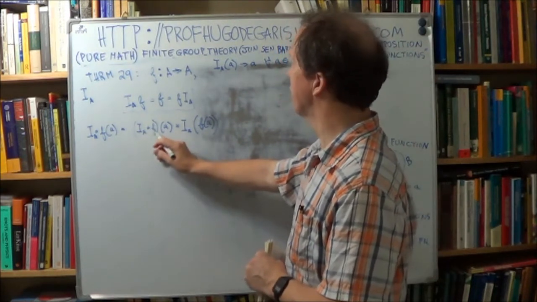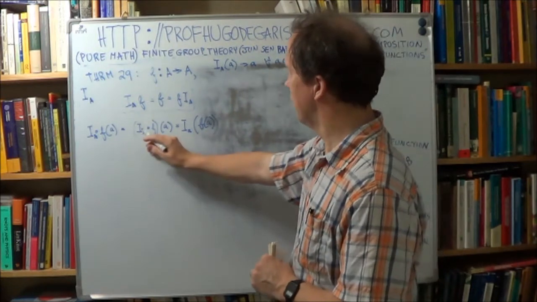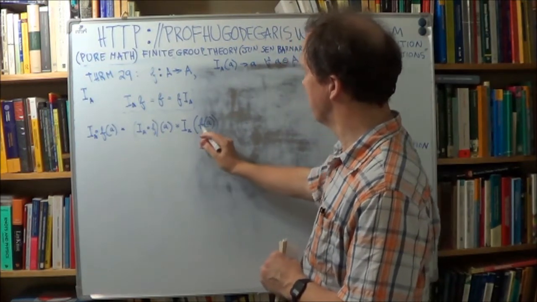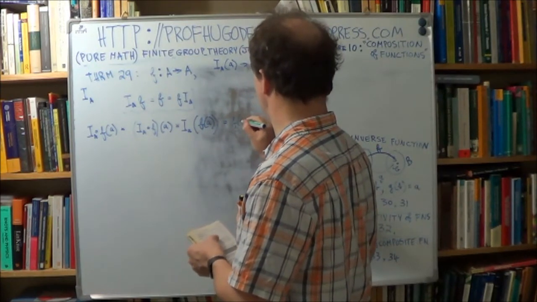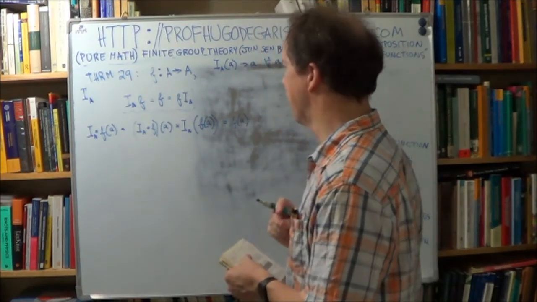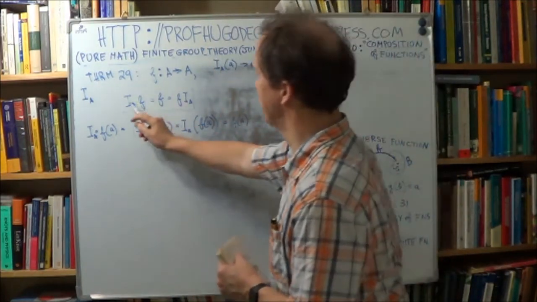I operating on this will just give you f of a. So I f is f. Here it is, I f is f.